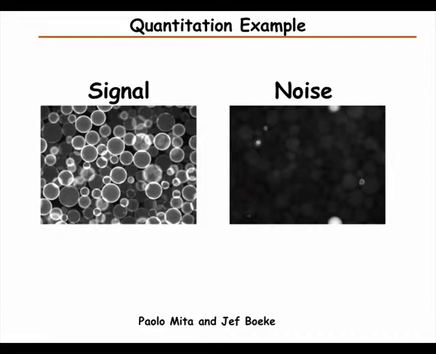What we have here are beads that are coated with protein A. Then we make an antibody, and then we make the antigen protein and fluorescently label the protein. The antibody binds to the protein A, and the fluorescently labeled antigen binds to the antibody.